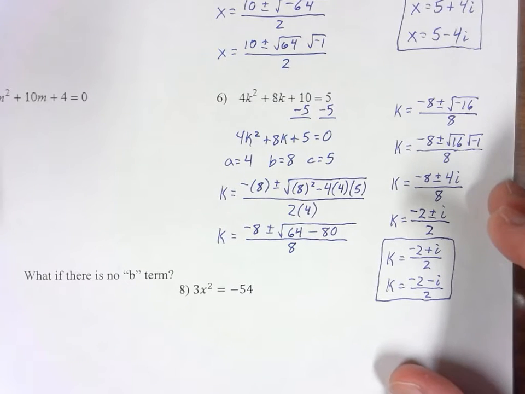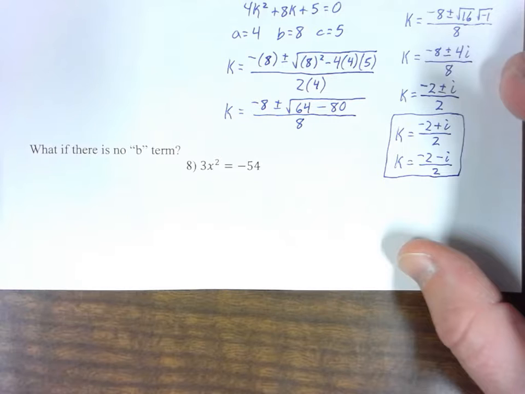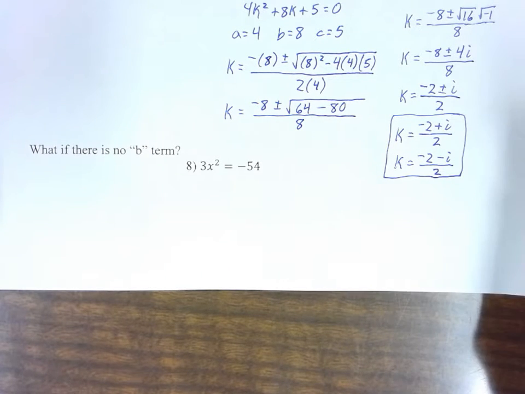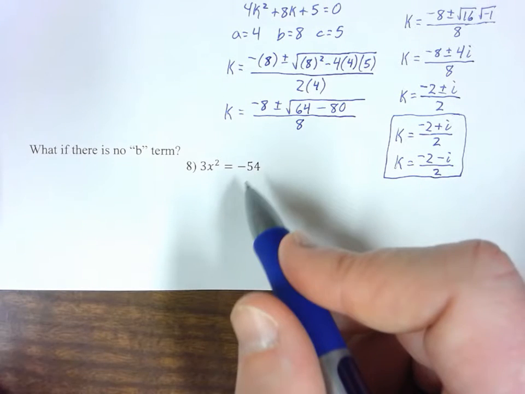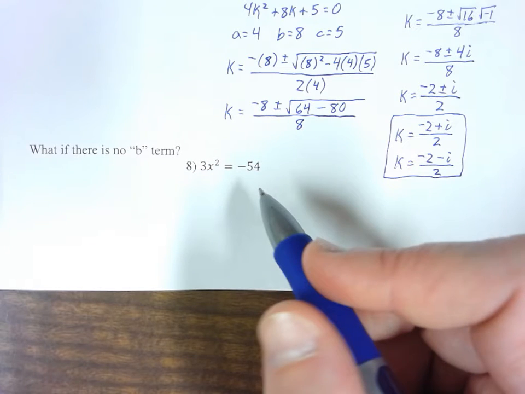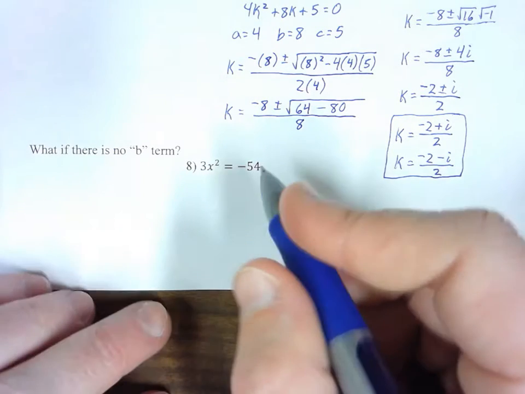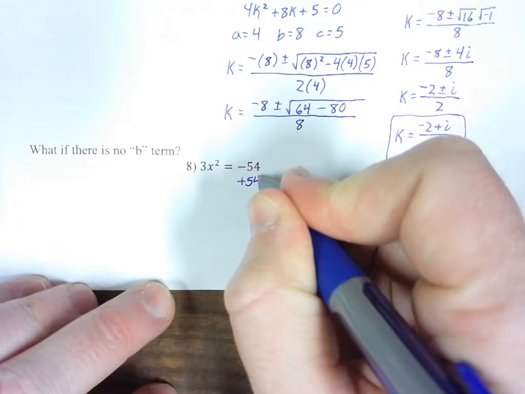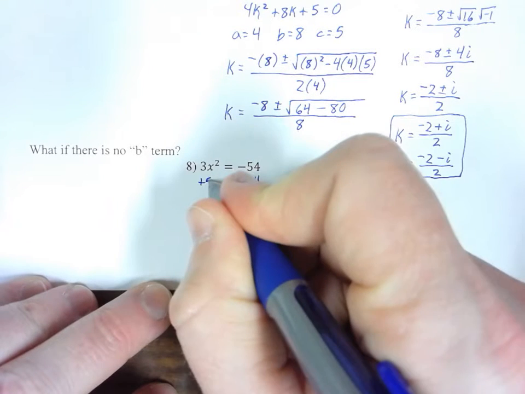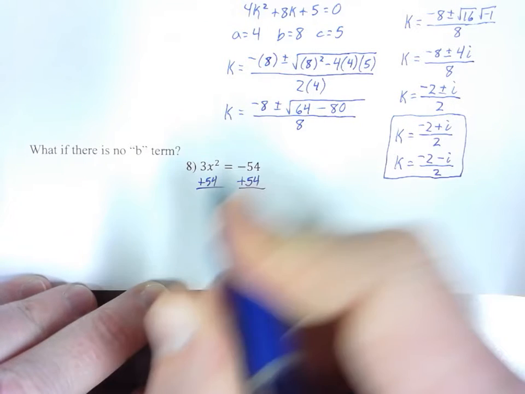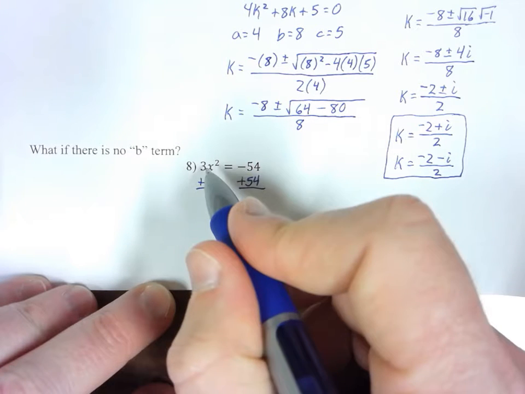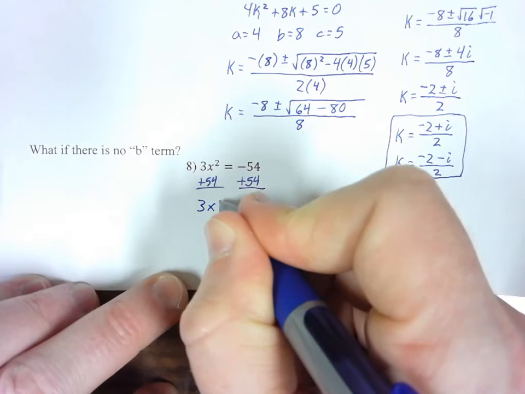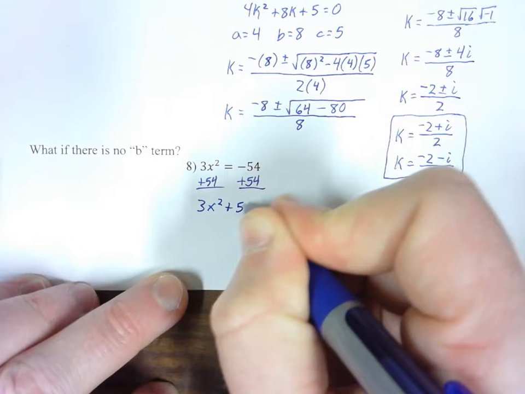And number 8. 3x squared equals negative 54. First step, I want to set it equal to 0. So I'm going to add 54 to the other side. 3x squared and 54 are not like terms, so I just write out 3x squared plus 54, and negative 54 plus 54 is 0.